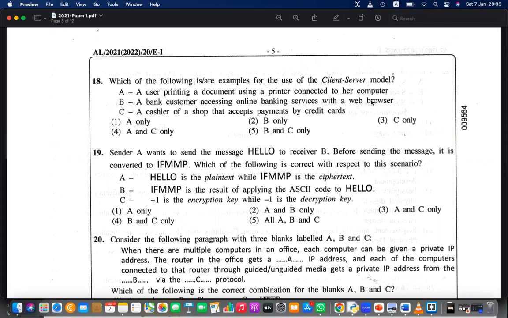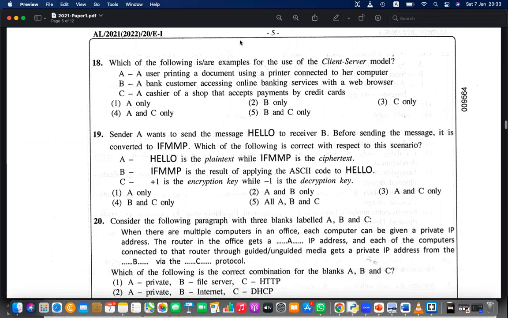Accessing with the web browser is an example of client server. A cashier of a shop accepting payment by credit card. Yes, the credit card is authenticated, and the authentication process goes to the server or the bank. Therefore, we can call that also a client server example. BC only, so the answer is number 5 for question number 18.